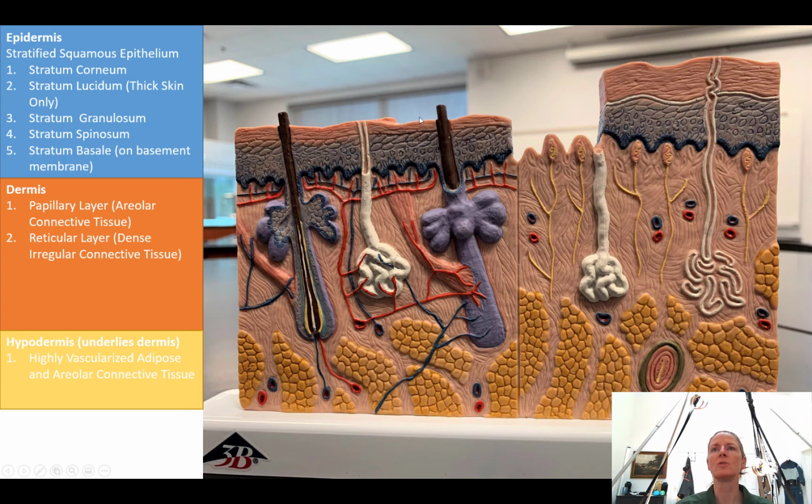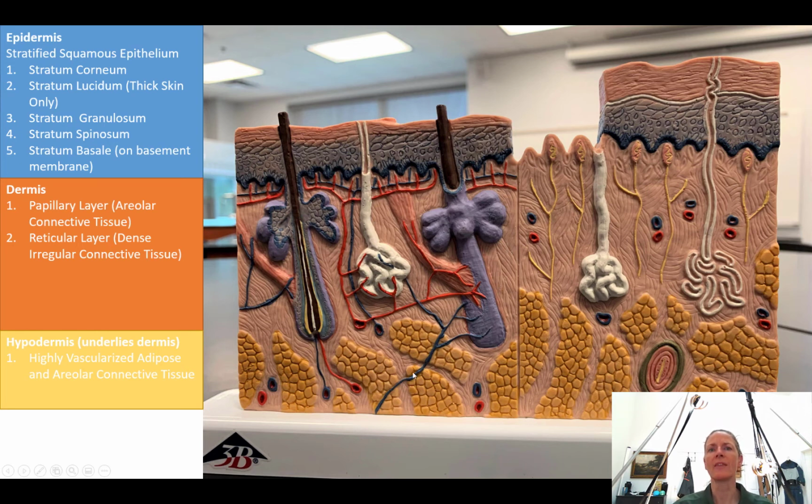So we remember that our cutaneous membrane is our epidermis and our dermis. And our cutaneous membrane is one of two parts of our integument. The other part of the integument are these accessory structures that originate within the dermis.